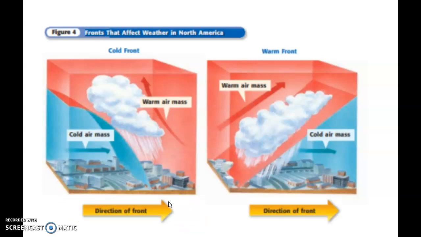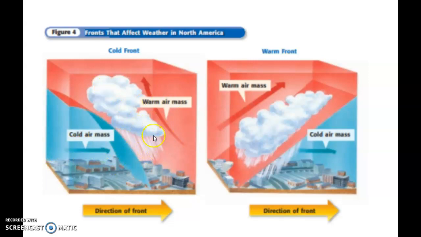And cooler weather usually follows a cold front because the air mass behind the cold front is actually cooler and drier than the air mass that it is replacing. These move very quickly, and they also bring thunderstorms, heavy rain, or even snow, as depicted by the image over here. This shows that the air is rising up here and the cold air mass is replacing it by pushing the warmer air upwards.